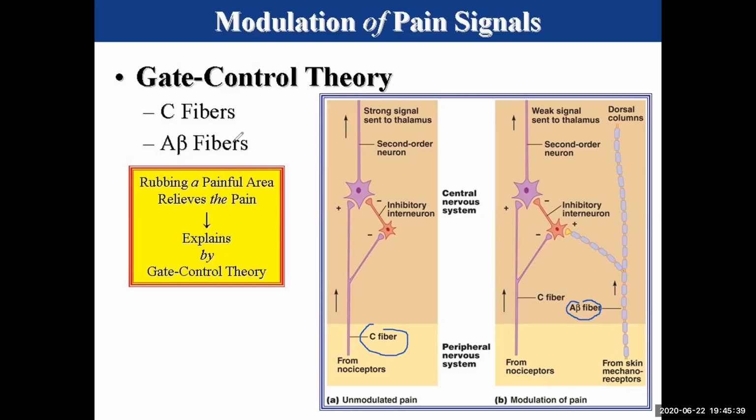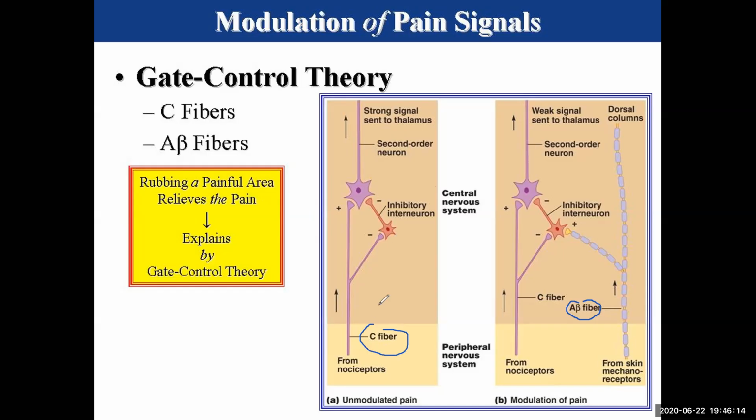So the Aβ fiber activates the inhibitory interneuron, allowing it to release glycine, and the glycine induces the cell body of the second order neuron to generate IPSPs. So the signal coming from the C fiber producing EPSPs would be offset by the IPSPs, so less action potential being fired by the second order neuron. Less signal goes to the brain, less pain perception.